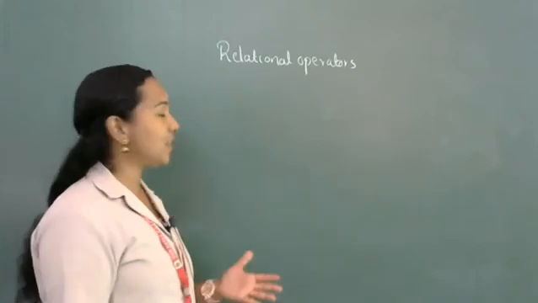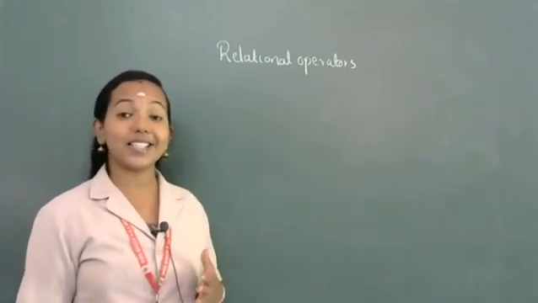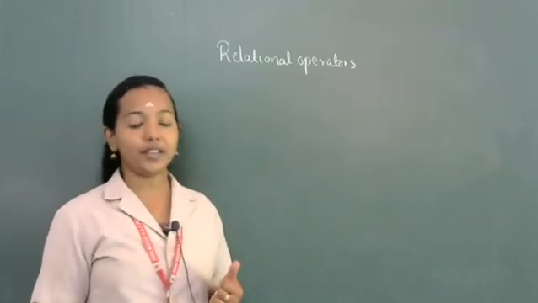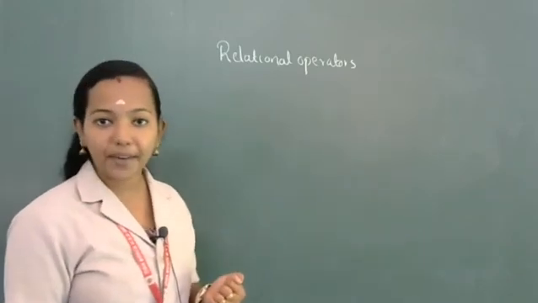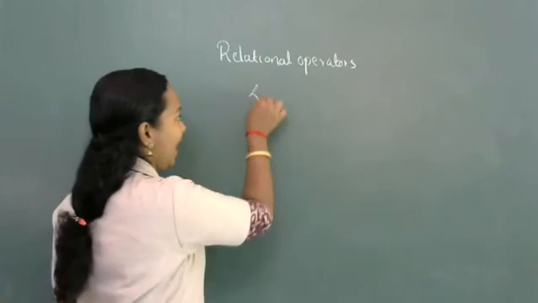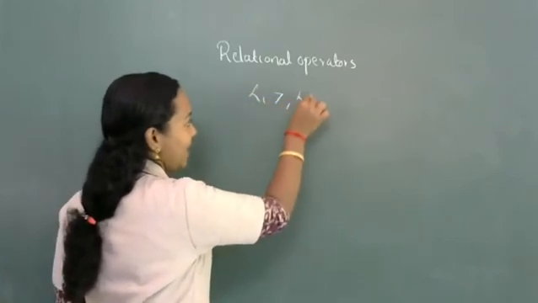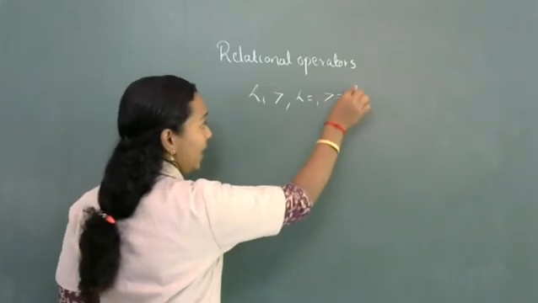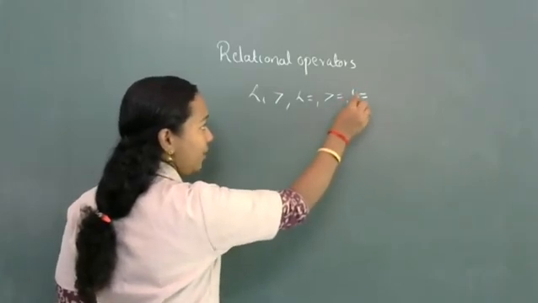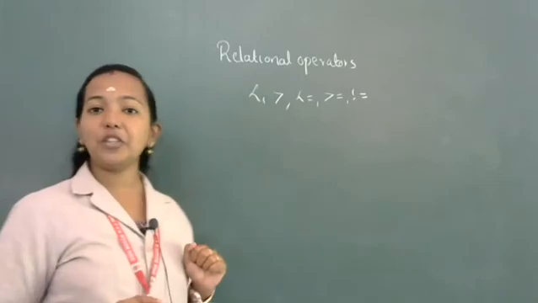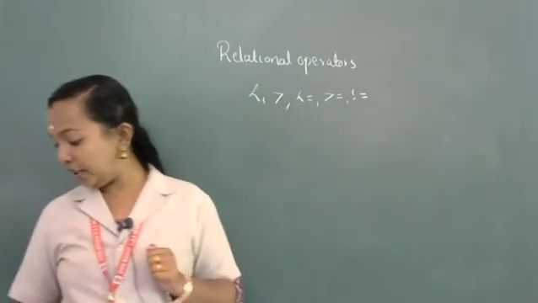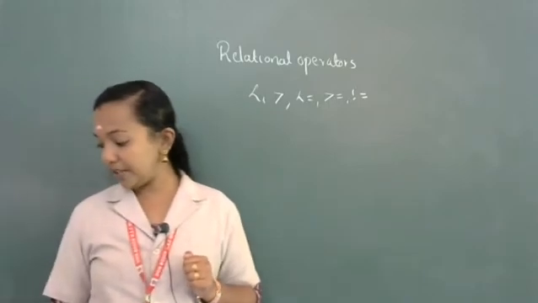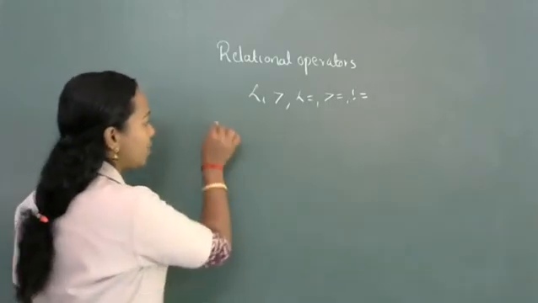Clear? So that's why this is also known as decision making operators. The commonly used relational operators are less than, greater than, less than or equal to, greater than or equal to, then not equal to. For not equal to we use the exclamation mark symbol. Then we can give some examples.